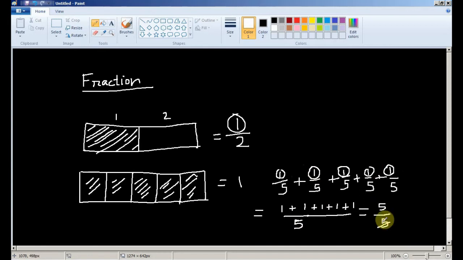And if I told you that this is division, simple division, 5 over 5 is equal to 1. So in this way I proved that if a whole is divided into equal parts, and you collect all the parts and add them together, again you're going to get 1.